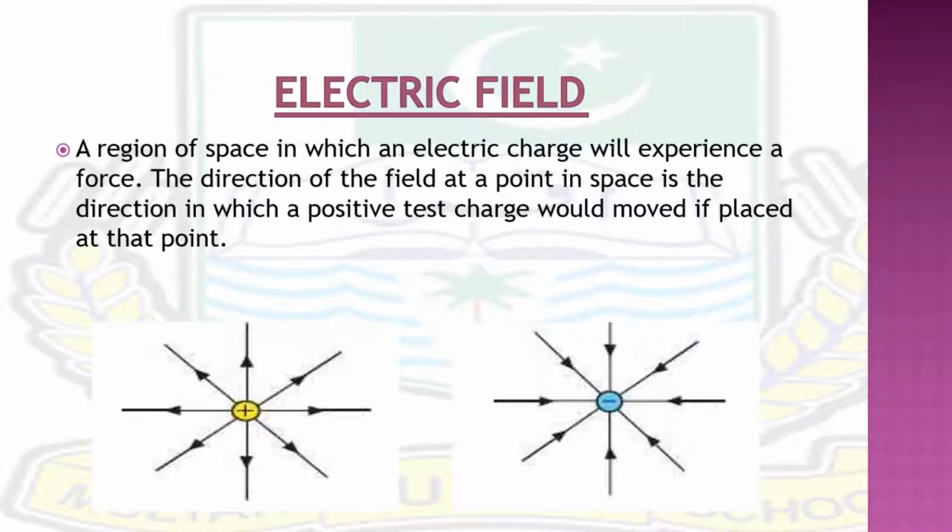A region of space in which an electric charge will experience a force is called an electric field, and the direction of the field at a point in space is the direction in which a positive test charge would move if placed at that point.